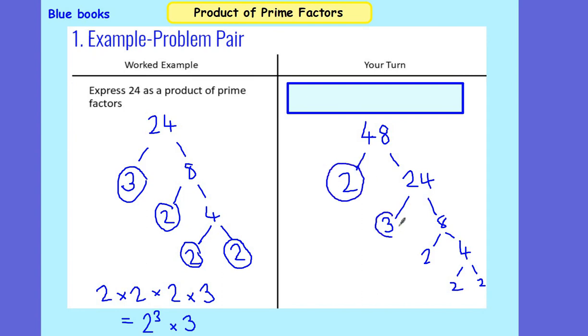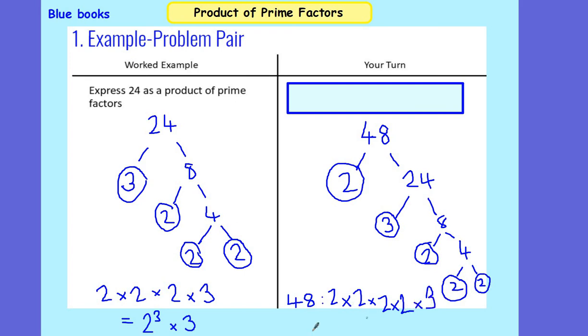There's 1, there's 2, there's 3, there's another one, and there's another one. So 48 can be written as 2 times 2 times 2 times 2 times 3.